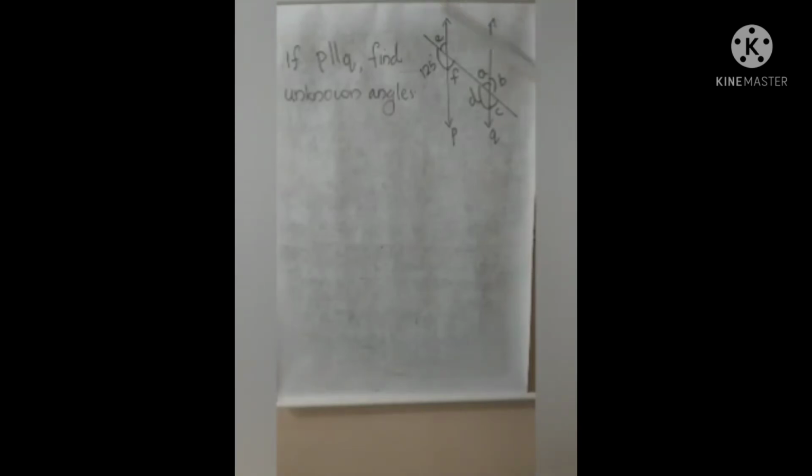So here 125 plus E is a linear pair. 125 plus F is also a linear pair. Considering this straight line, 125 and F will also be a linear pair. From any two equations you can find either E or F.